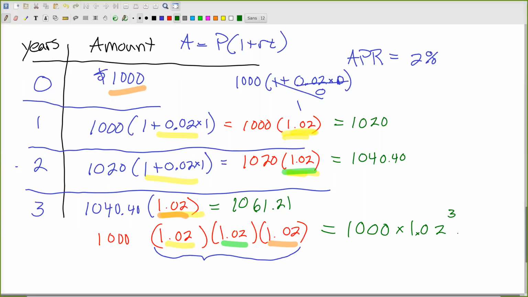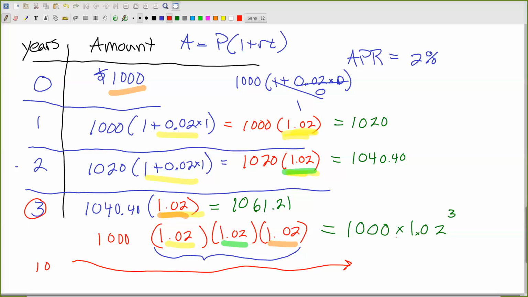And the cool thing about it is, at first, I had to do this 1 year at a time. But now I think I have a way to just dive to the 10th year. Like, I want to know, what am I going to have in 10 years? What am I going to have in 20 years? I don't have to do every single year in between. What I could do instead is just take this idea right here. If the third year had the third power, right?